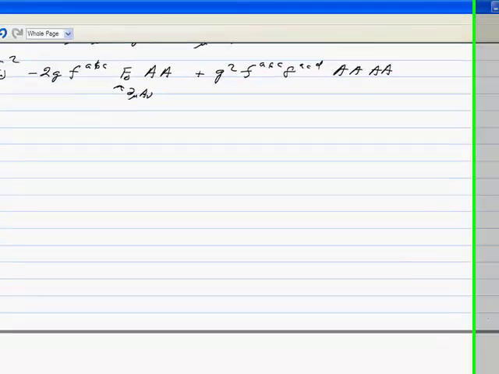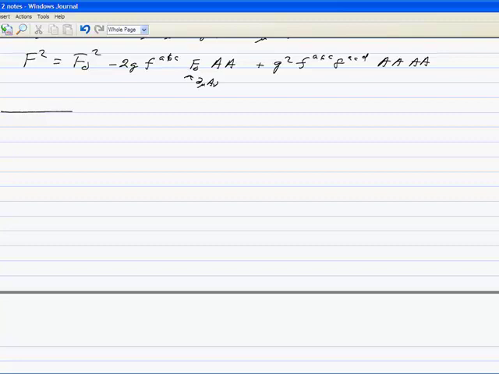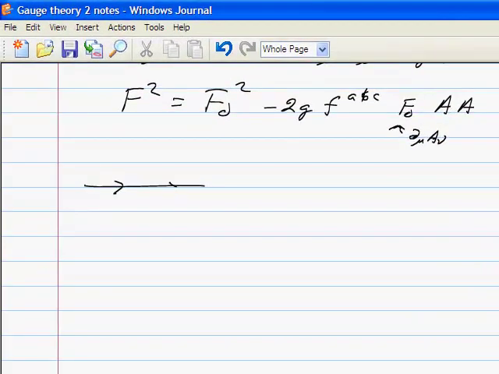So then, the Feynman rules are, if we take a fermion, we get minus i g gamma mu, mu is the index of this field, lambda A over 2. And you note that there's actually two different spaces going on here.